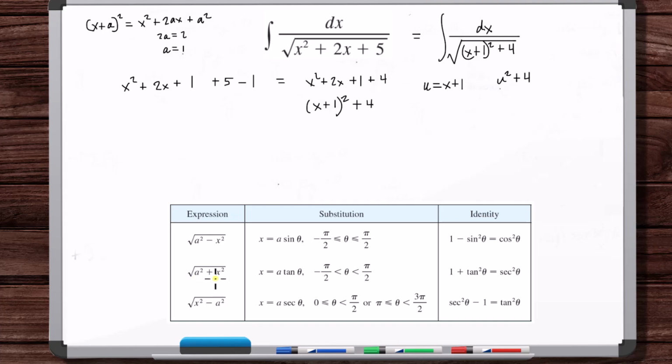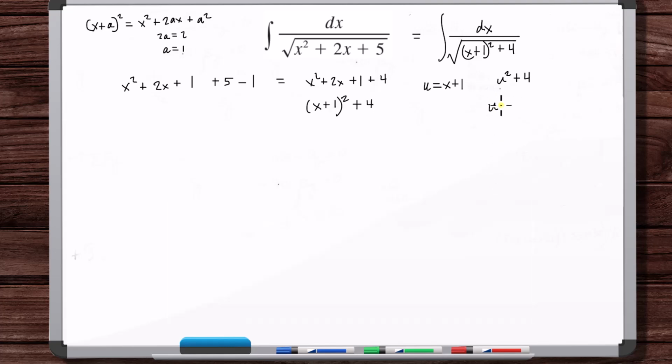And so now this is in the trig substitution form. This is x squared plus a squared, where a is equal to 2. So we want to substitute x, well, in this case x is u. So we want to say that u is equal to 2 tangent theta. But u is equal to x plus 1, so x is equal to 2 tangent theta minus 1.